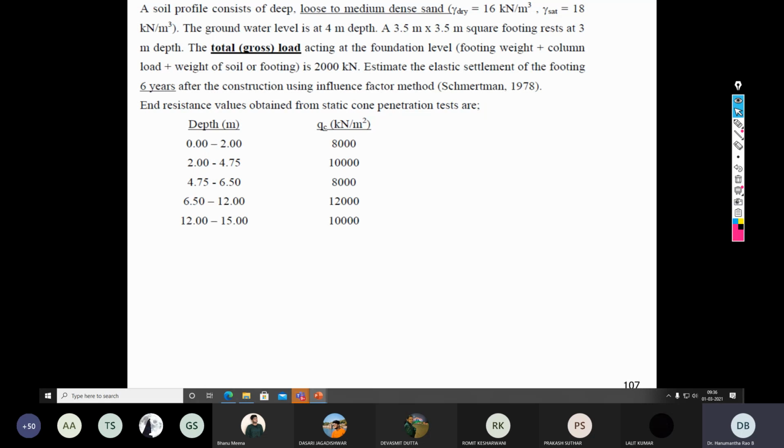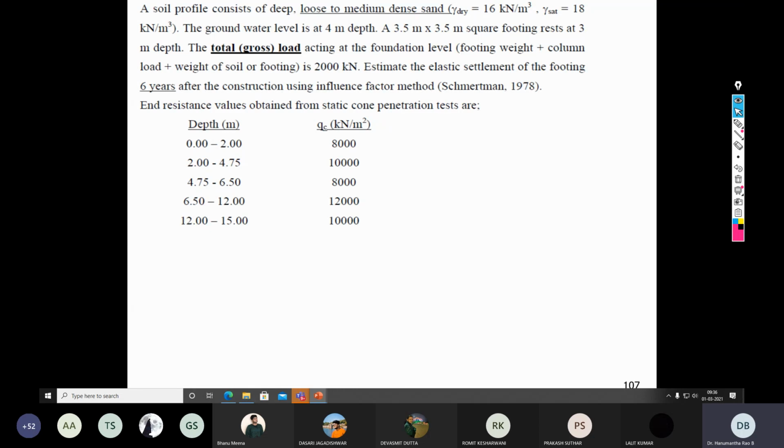The total load acting at the foundation level, footing weight plus column load plus weight of the soil on the footing, is 2000 kilonewton. Estimate the elastic settlement of the footing 6 years after the construction using the influence factor method, that is Schmertmann and Hartman.